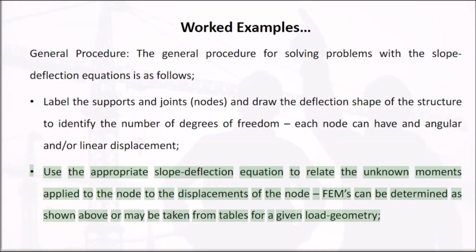Use the appropriate slope-deflection equation to relate the unknown moments applied to the node to the displacements of the node. FEMs can be determined as shown above or may be taken from tables for any given load geometry.